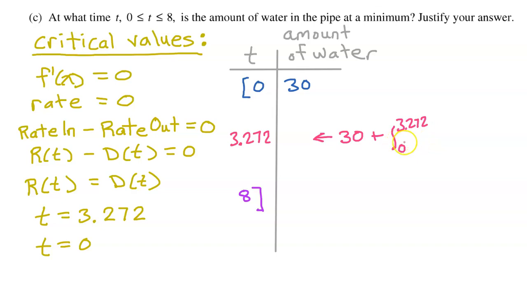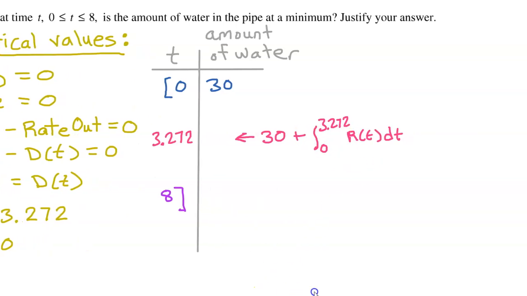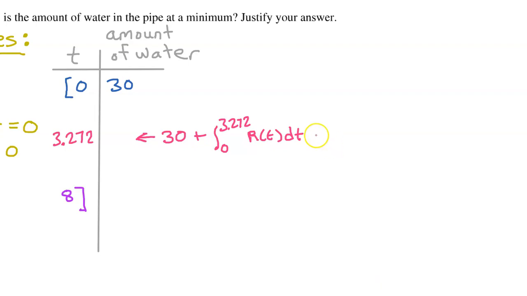So that'll be the integral of the rate in, which is r of t. So this expression represents the amount of water that entered the pipe. Of course, we must subtract the amount of water that left the pipe. So, using that same integral from 0 to 3.272, and the rate out is given by function d.